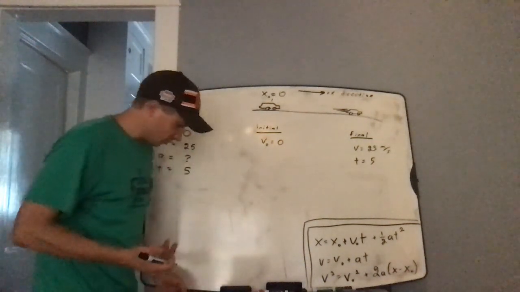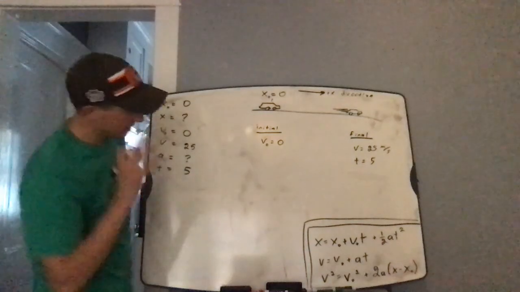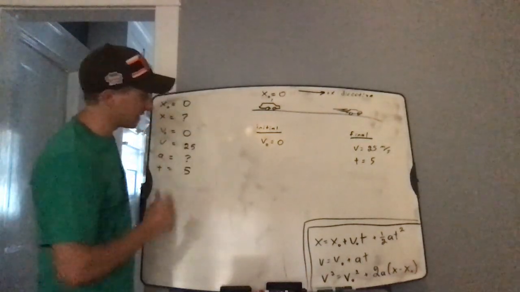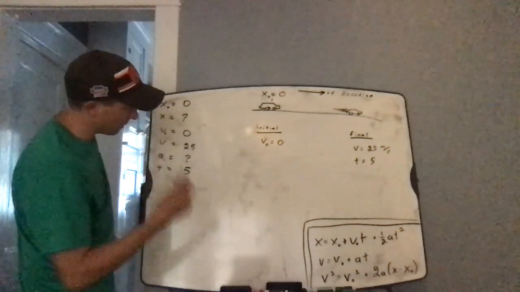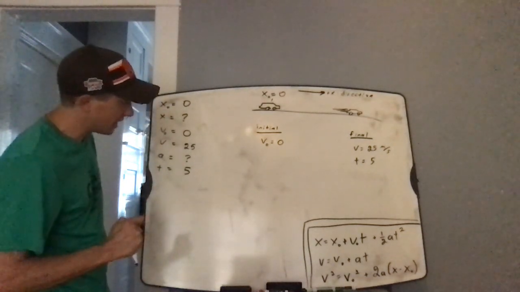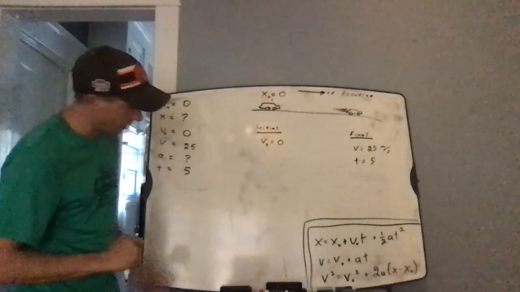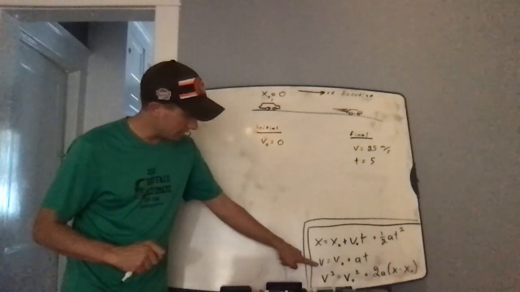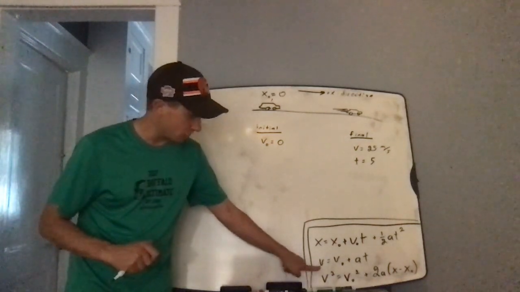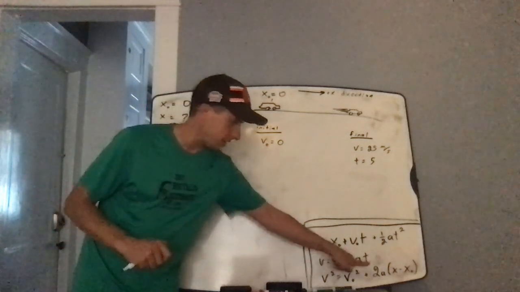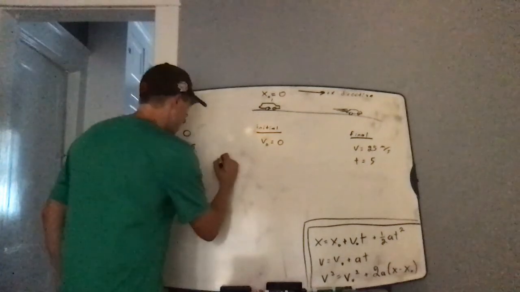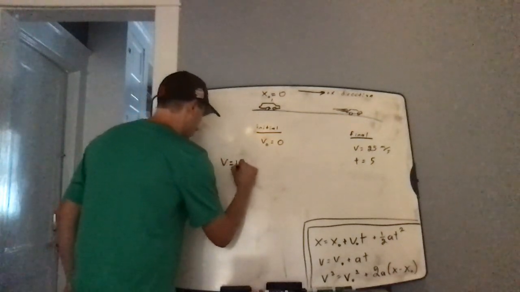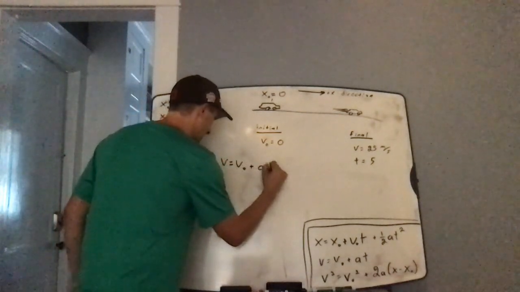So at this point, I'm going to look for an equation that is easy to work with and tells me how far the car has traveled and what its acceleration is. Acceleration first, I look at these 3 equations. I notice the second equation. I know V final, I know V initial, I know T, I do not know A. So I could just right away plug numbers in. So I could say V final is equal to V initial plus AT.